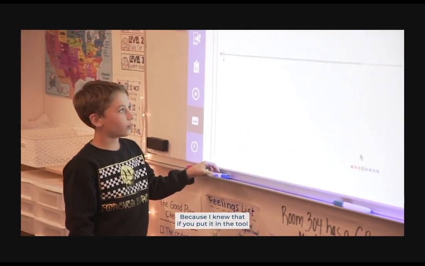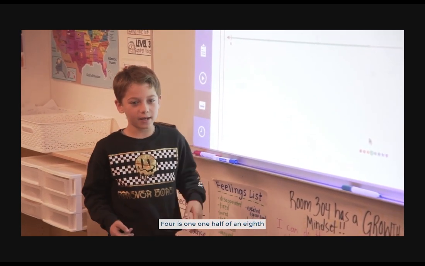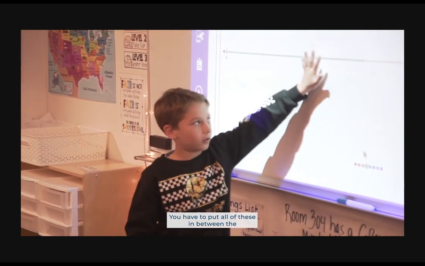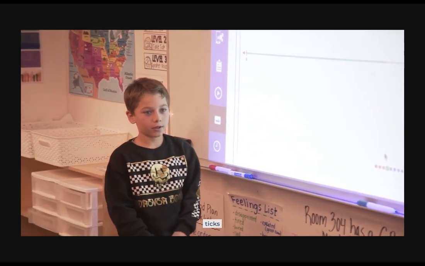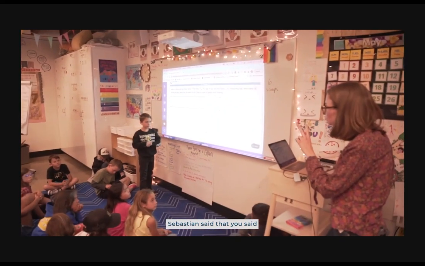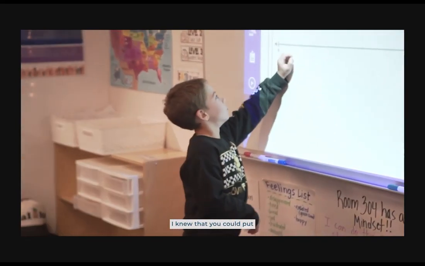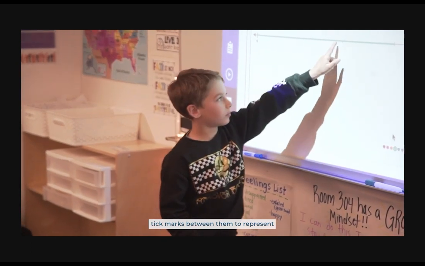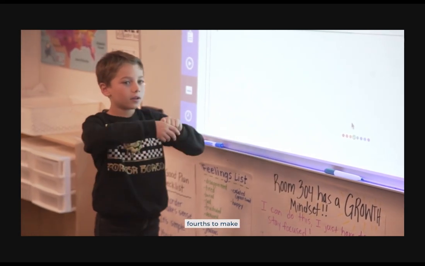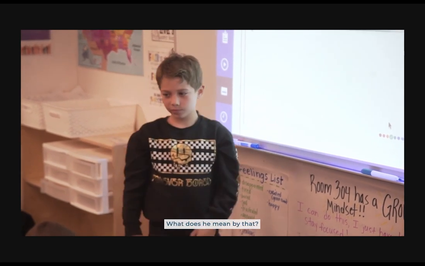Because I knew that if we put it in, because 4 is 1/2 of an 8, that means you have to put all of these in between the ticks that represent fourths. Sebastian said that, could you say the part about the 4s and the 8 again? I knew that you could put tick marks between them to represent, and also on the fourths to make eighths. Who could explain what Sebastian just said there? What does he mean by that?